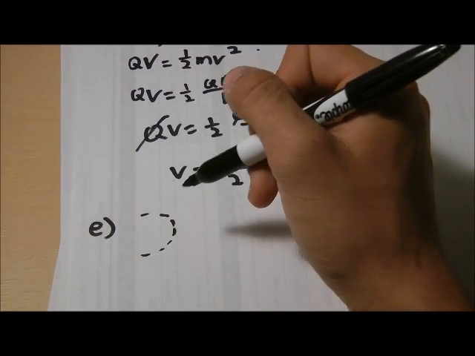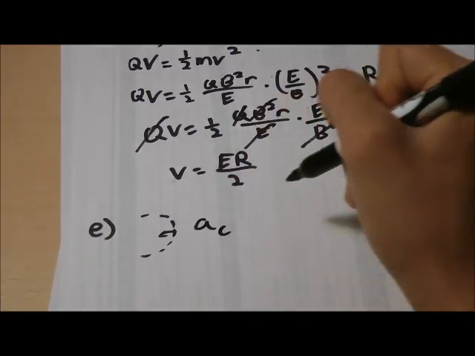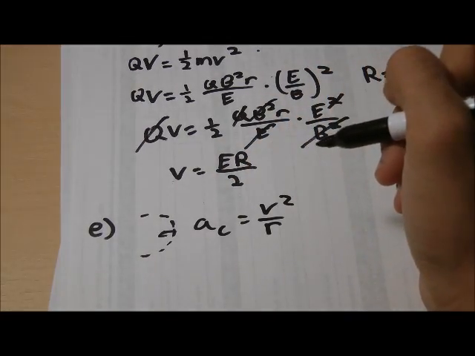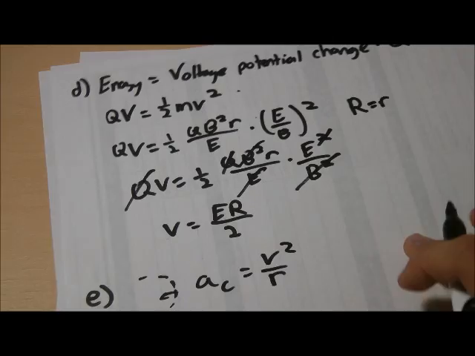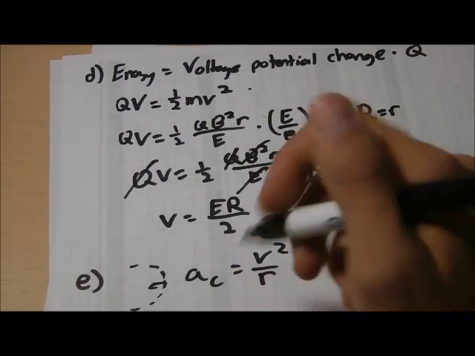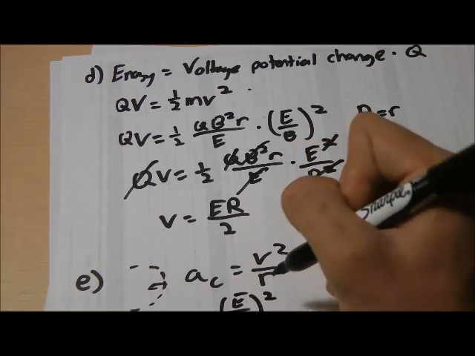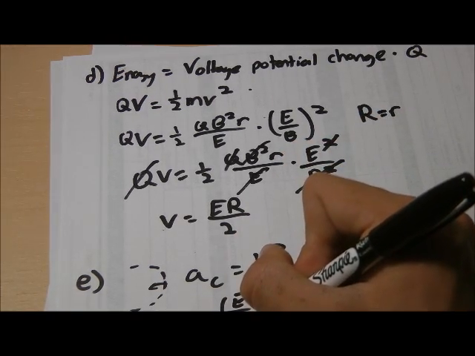So all you really have to do is use the centripetal acceleration, V squared over R. So the acceleration is equal to V squared over R.